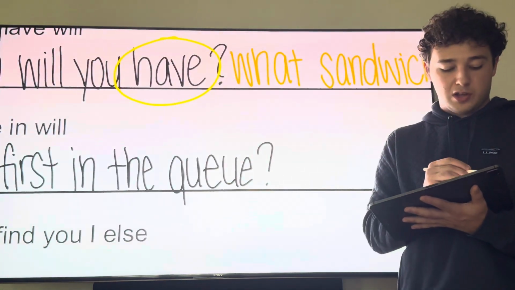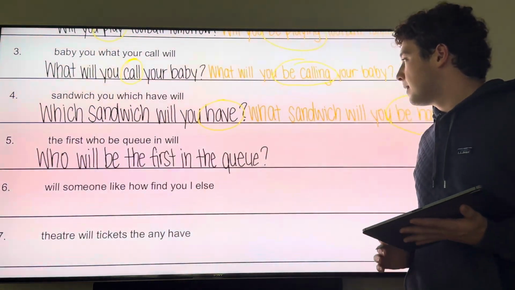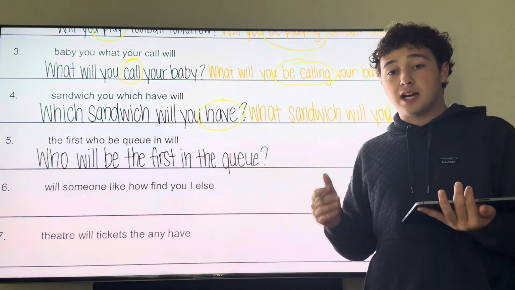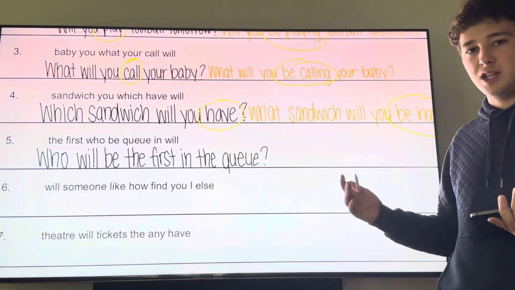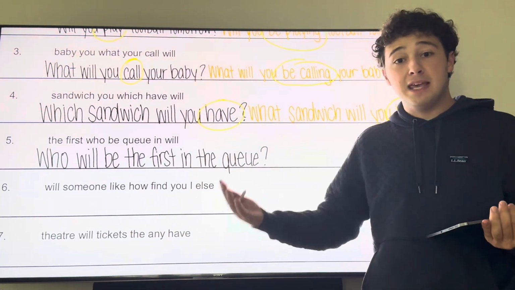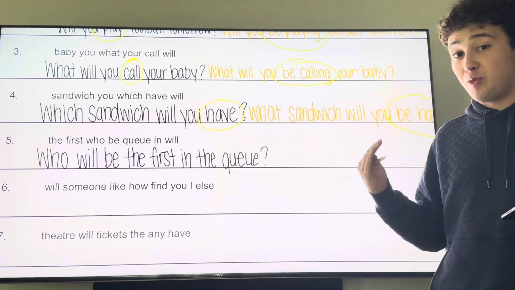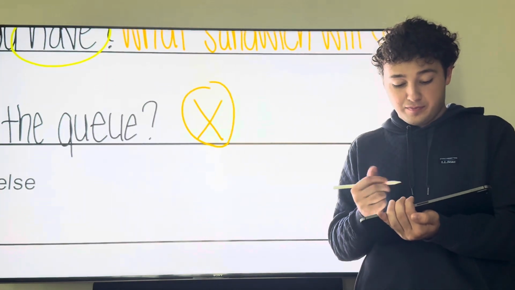And you want to change this. Be. Who will be actually doesn't change in this form. Because if you were to change it to continuous, it would be who will be being the first in the queue. That actually doesn't work. So for this one, you would say nothing.